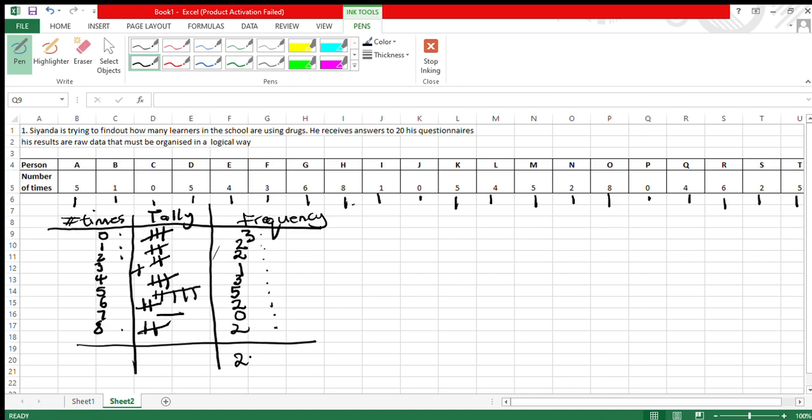So the total for the frequency is 20. So this is how you count, tally, and write the frequency.